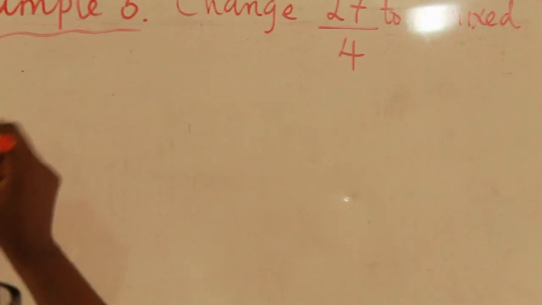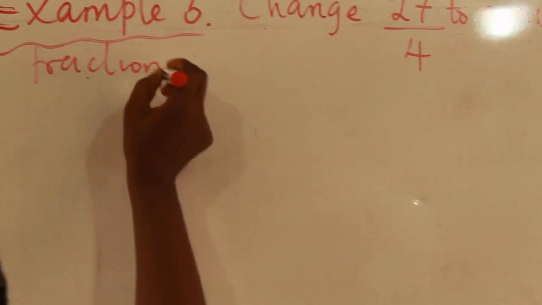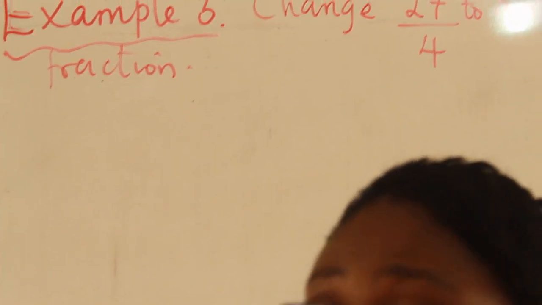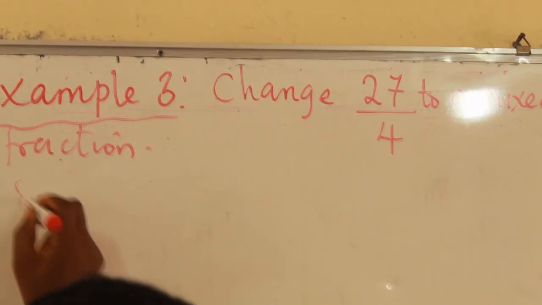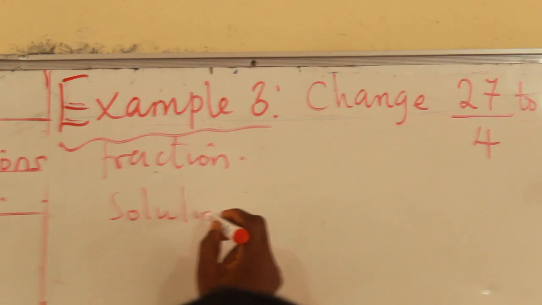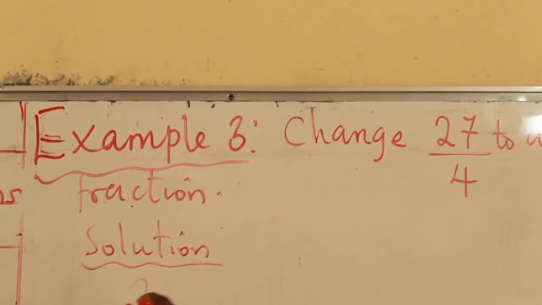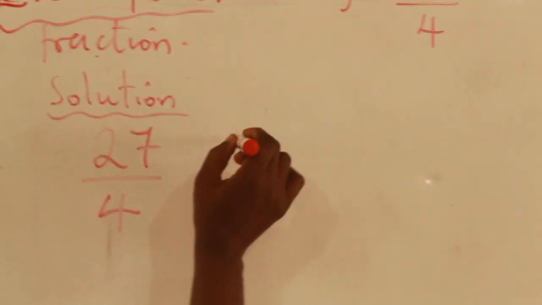Change 27 over 4 to a mixed fraction. This will be our last example for this. So we have 27 all over 4.